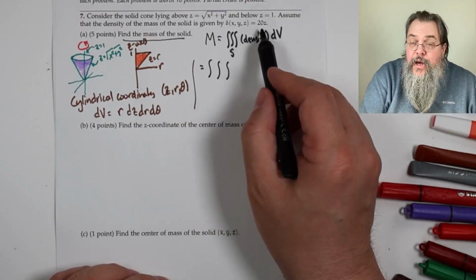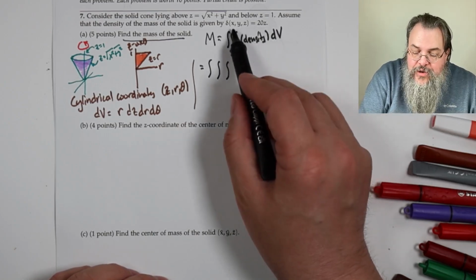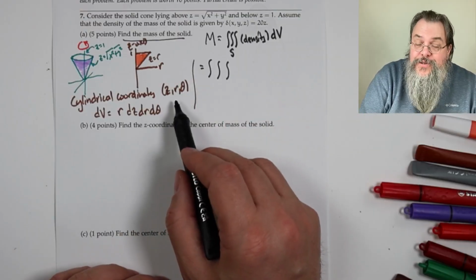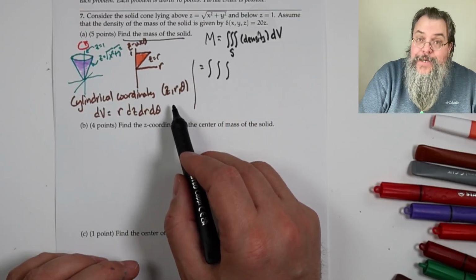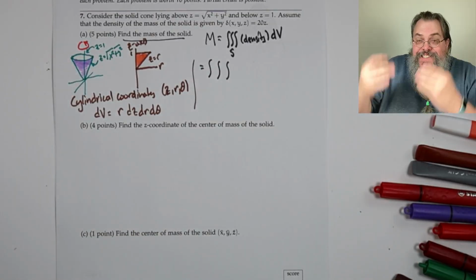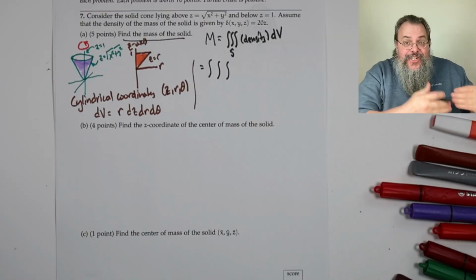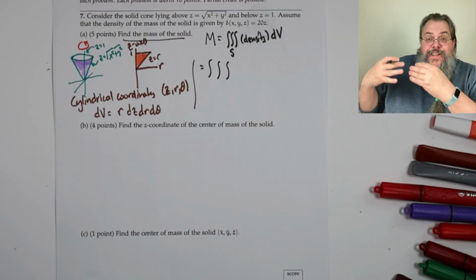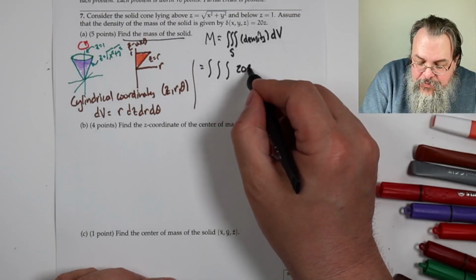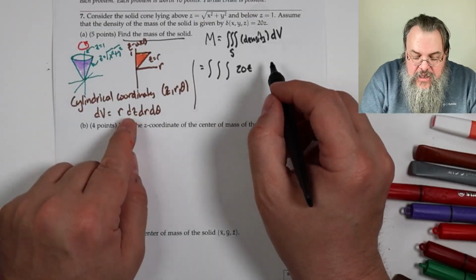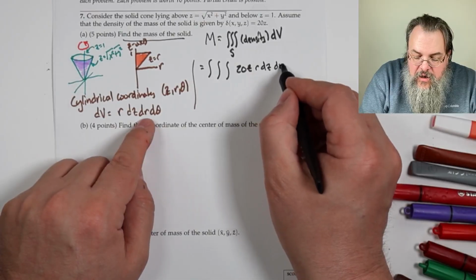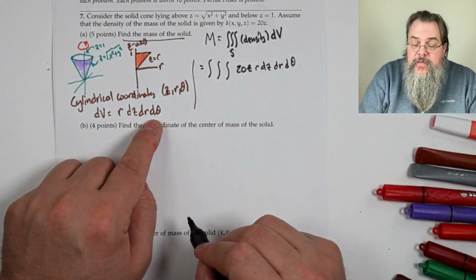Our density, 20z. Well, that's in terms of x, y, z. We need it in terms of z, r, theta. So what is it actually? It's 20z, right? Because z is still z. The z in Cartesian coordinates matches the z in cylindrical coordinates. So 20z, and now we have r dz dr d theta.